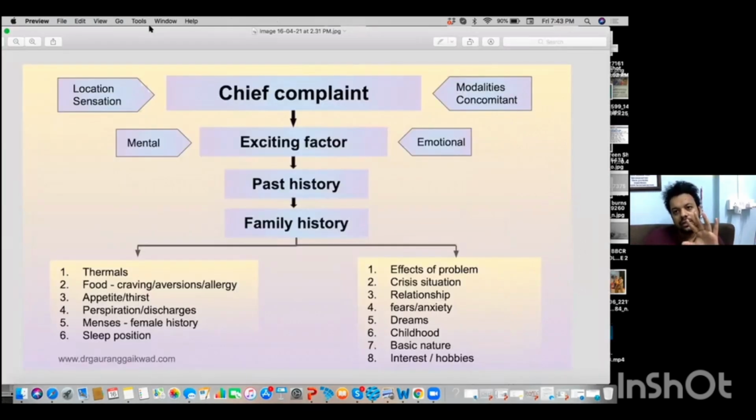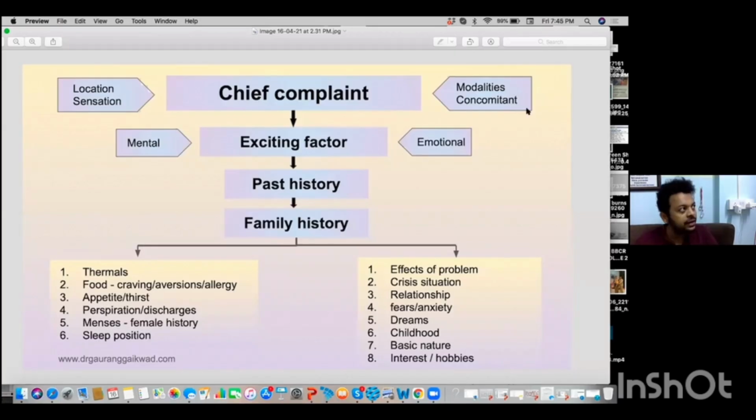After you take the chief complaint, you can decide whether you want to focus on the physical generals or the mentals or the mind symptoms. Now, how to decide whether you want to go to the mind symptoms or physical generals? My question to you, what do you feel?